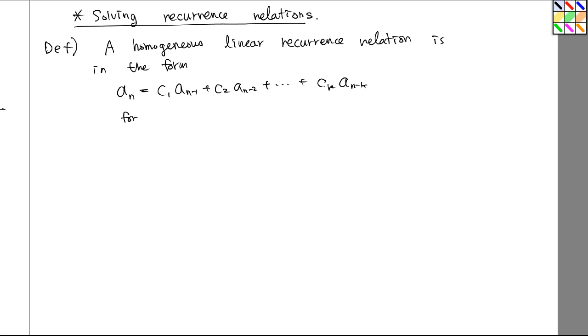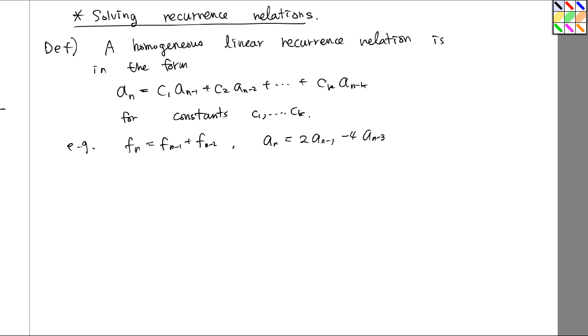For constants c1 to ck. So, for instance, the Fibonacci sequence or recurrence relation is a homogeneous linear recurrence relation, or some recurrence relation like this. Homogeneous here means that it doesn't have a term without that sequence.